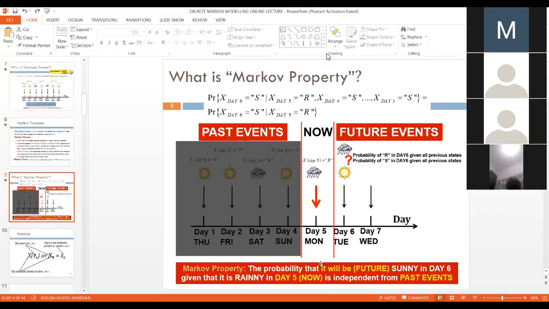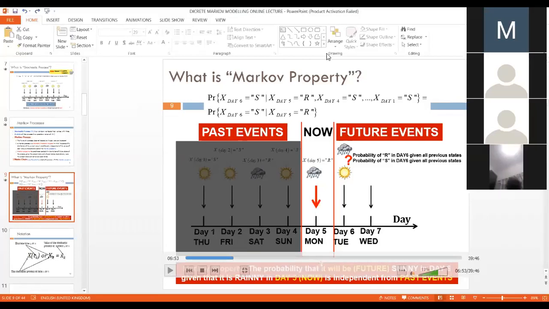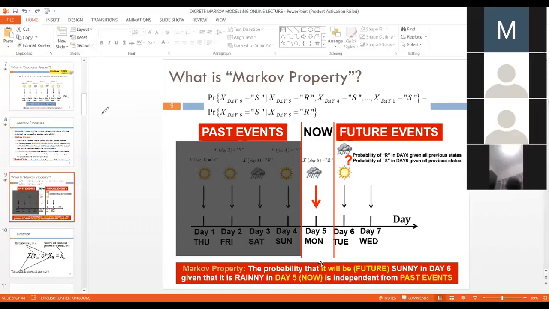In the same way, when we look at our earlier probability models, we were writing PR of the random variable x, where x equals 0, a state 0, given x belongs to this possible state, which is head, head, head.